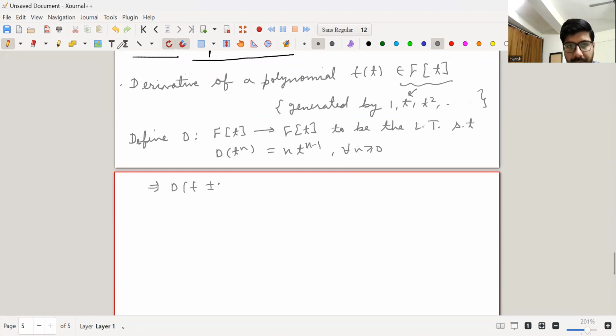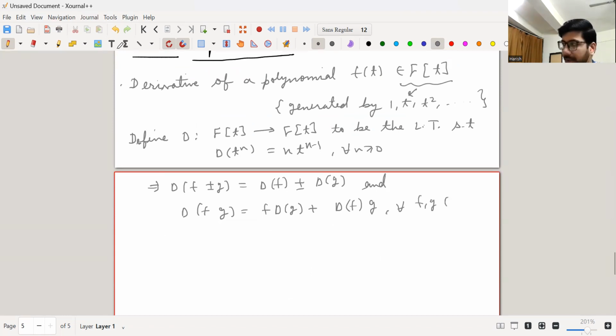So we have D of (f plus or minus g) is equal to D of f plus or minus D of g, and you can also check that D of fg satisfies the Leibniz rule, that is f times D of g plus D of f times g, and it holds for all f, g belonging to F[t].